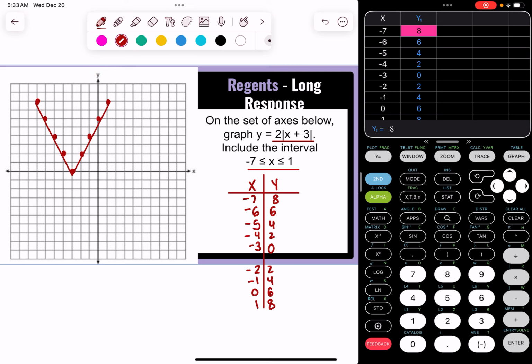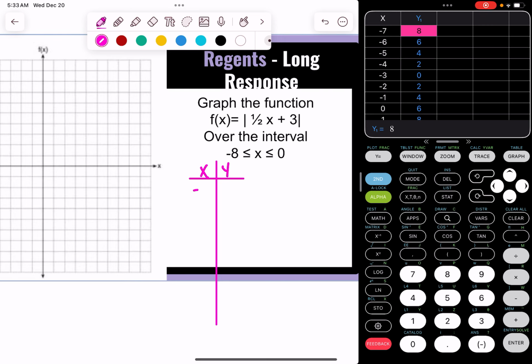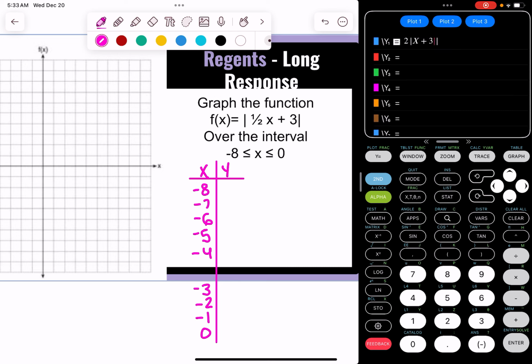And let's look at the next one. Graph this over the interval negative 8 to 0. So again, they tell us where to start and they tell us where to stop. So these are going to be the points we use. Okay, let's go ahead and graph this.